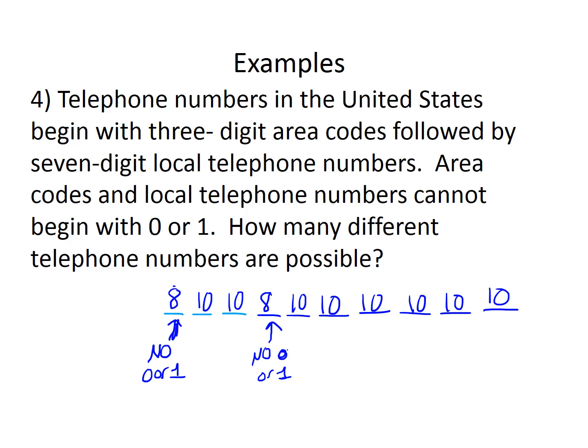You can multiply the 8s together to get 64. And then you can times that by 10 to the 8th power. So you would just do 10 to the 8th and hit equal, and then multiply that by 64.